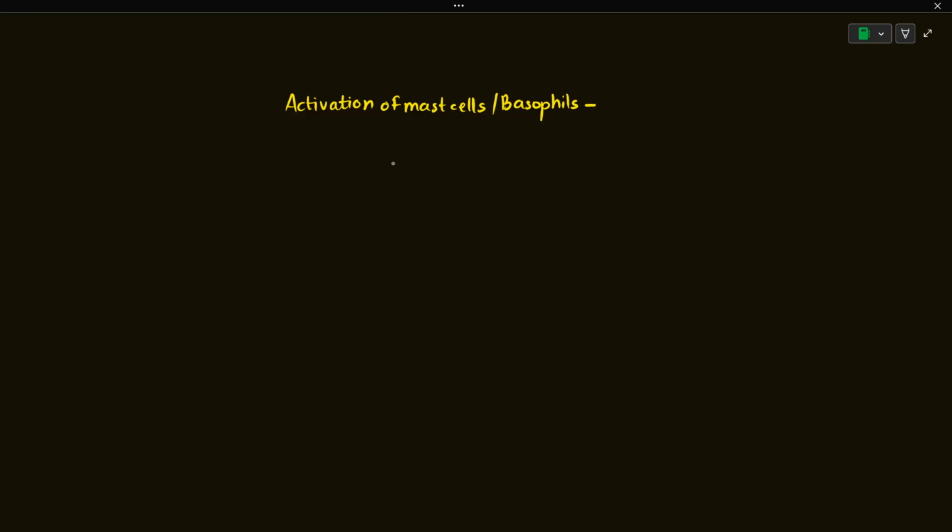As I already told you, for the activation of mast cells or basophils, the important thing required is receptor clustering. Let's assume that this is the mast cell. Over this mast cell there exist receptors. These are the receptors present over the mast cell and basophils.